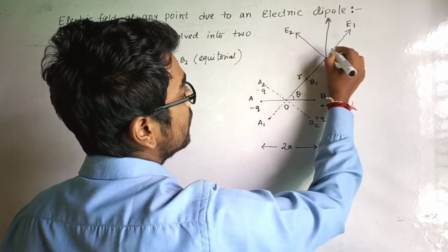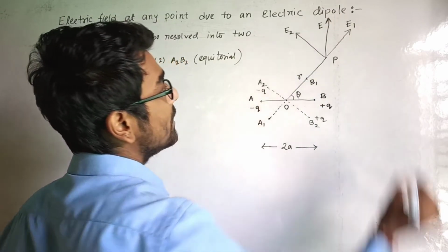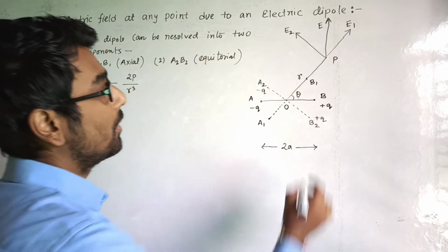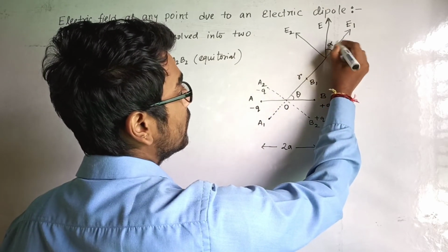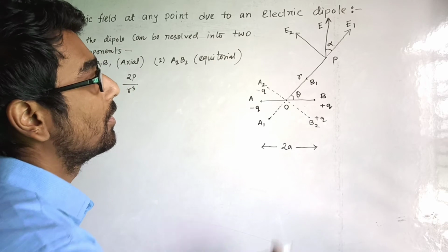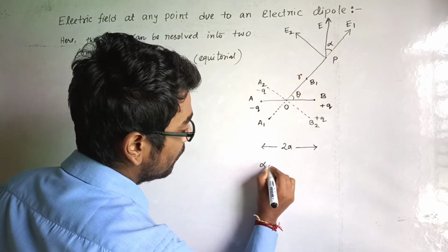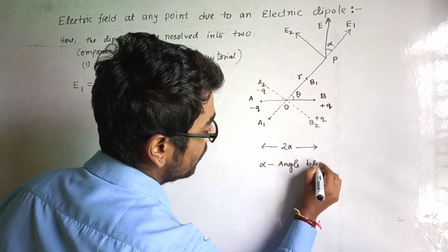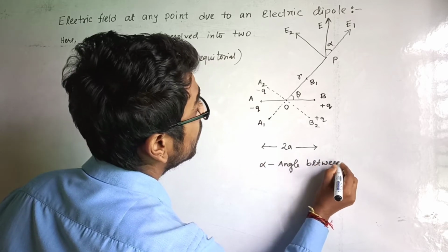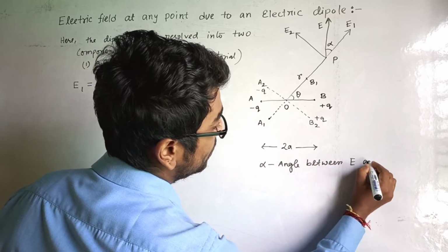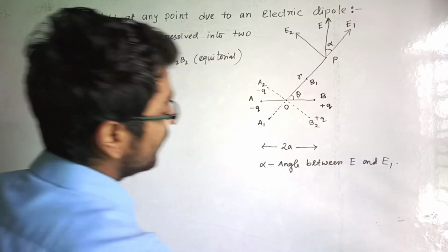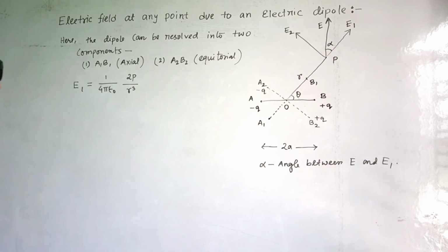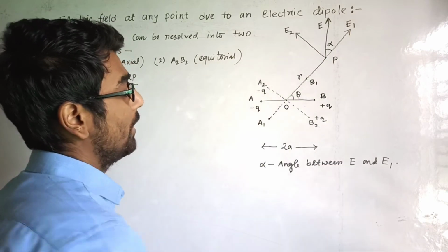Let E be the net electric field. Suppose alpha be the angle between E and E1. That means between the net electric field and E1.